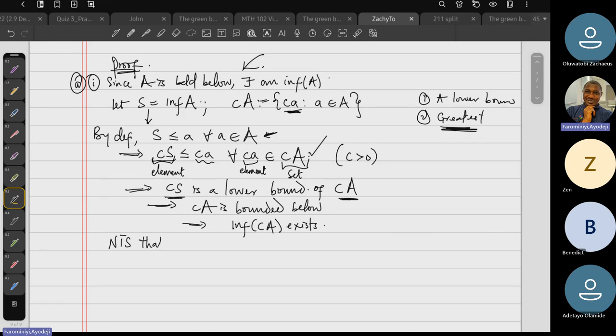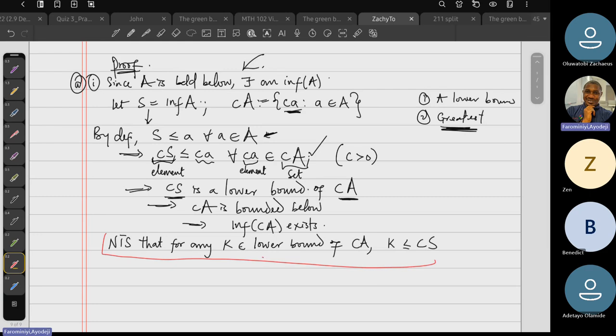We need to show that for any other K in the lower bound of CA, K is less than or equal to CS. This is what we want to show. Sometimes it is good to have a clear objective of what you want to do.